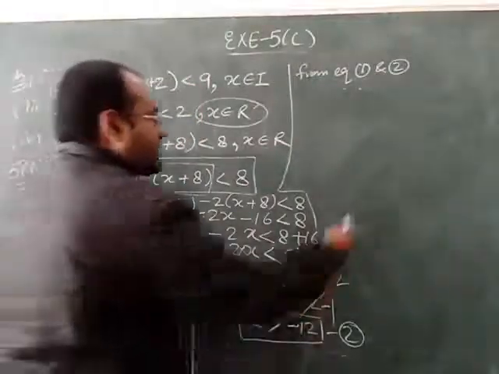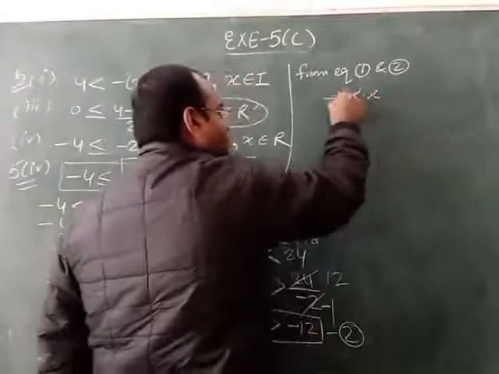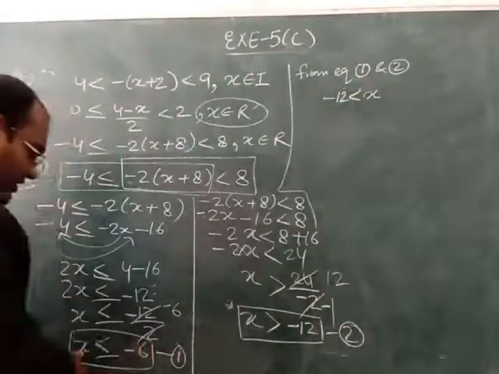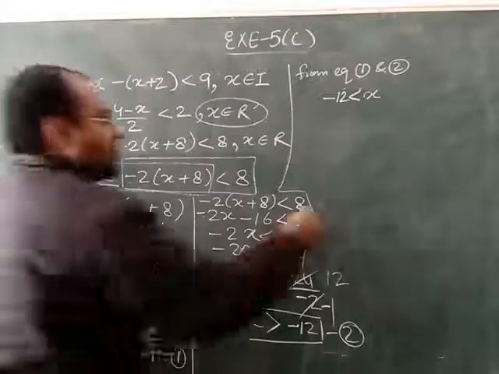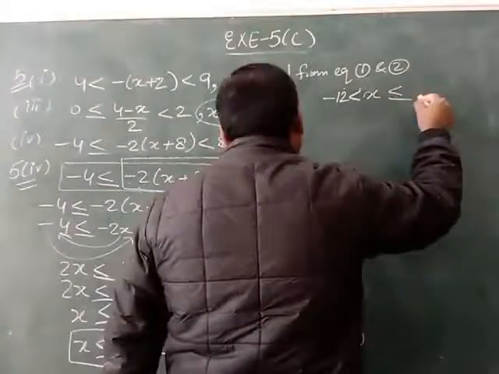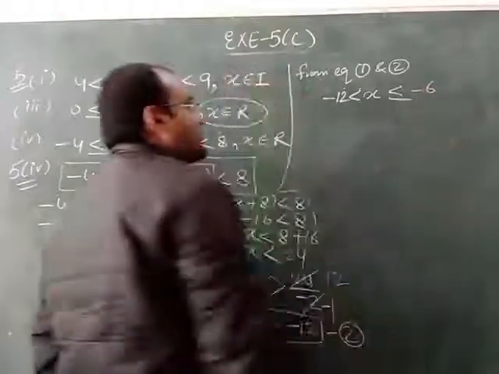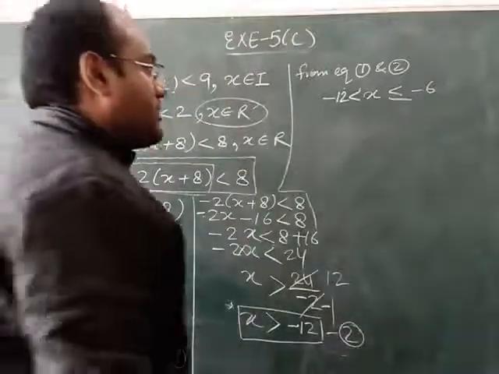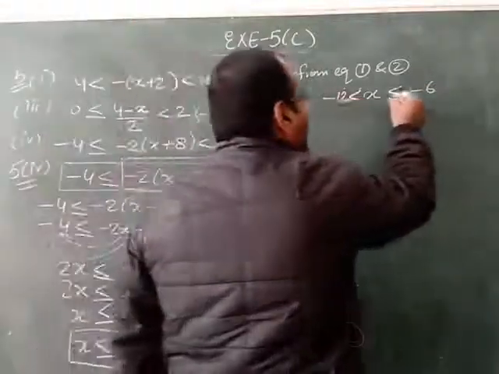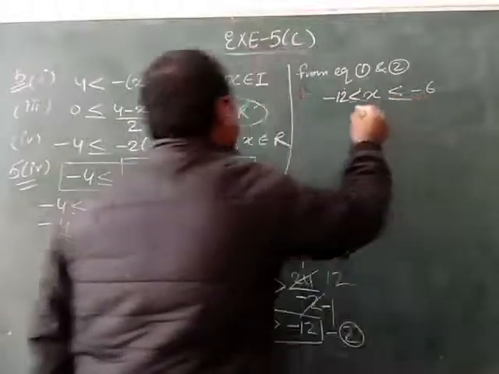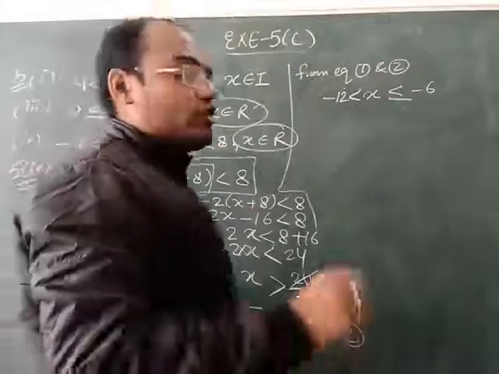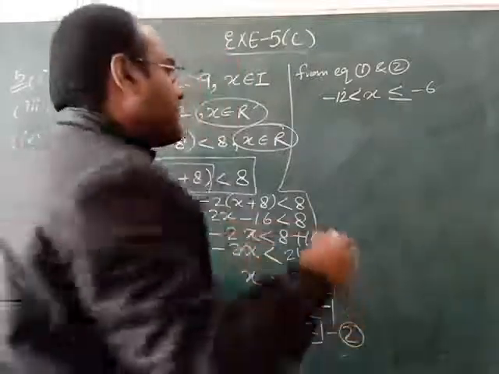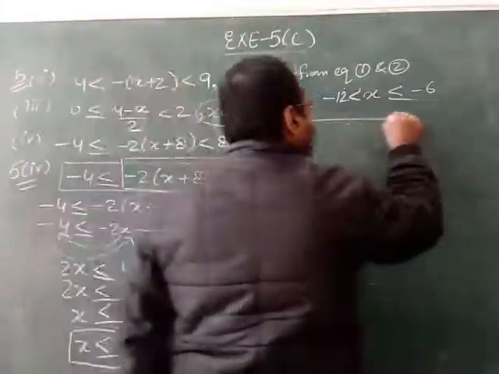Closed sign is coming, closed means less, x is less than equal to minus 6. So we have to write the numbers between minus 12 and minus 6, but the number line is real number line, so we will show the answer on number line only. So we have to draw the number line now.